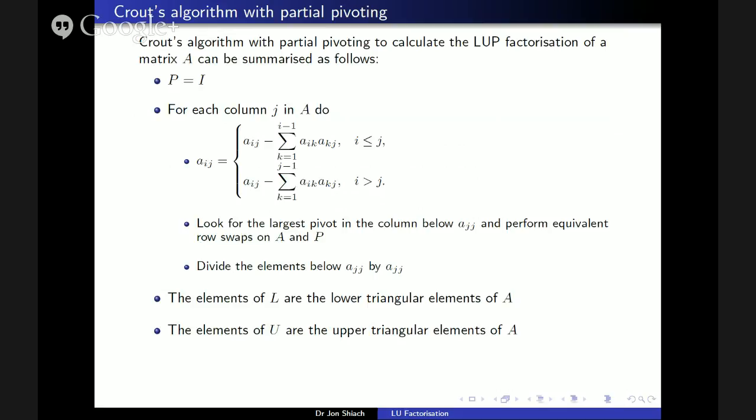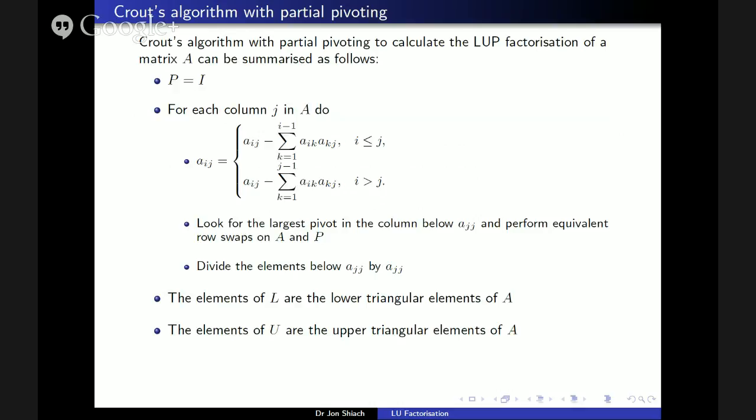This is slightly more complicated than the one for LU factorization because we have to take into account row swaps. So these are the general steps we take. We start with P being equal to the identity matrix.